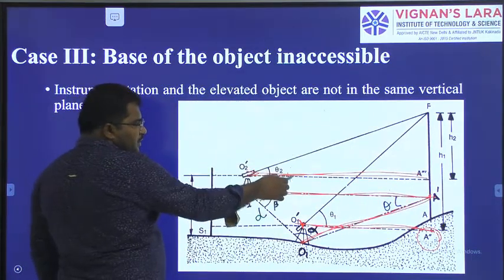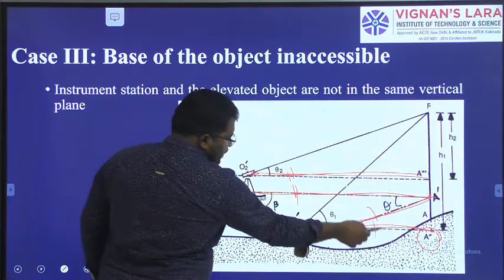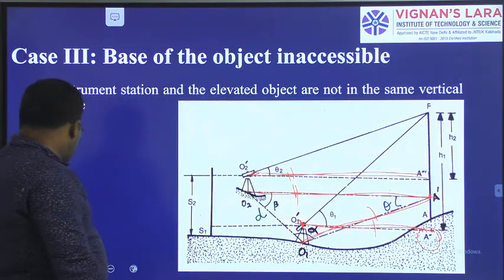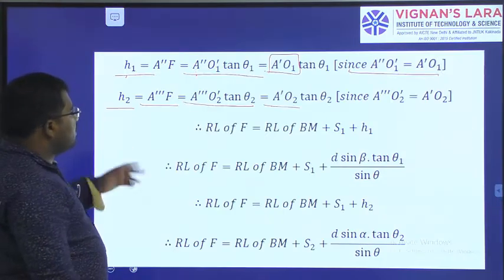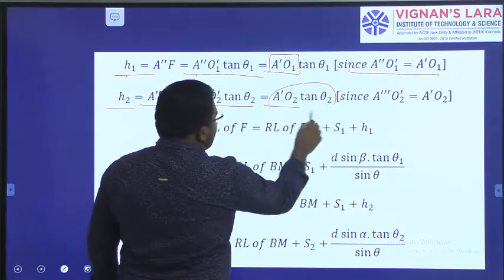These lines are equal, that's why he took them like that. So now we have derived this finally.